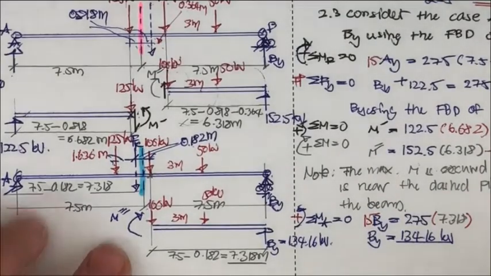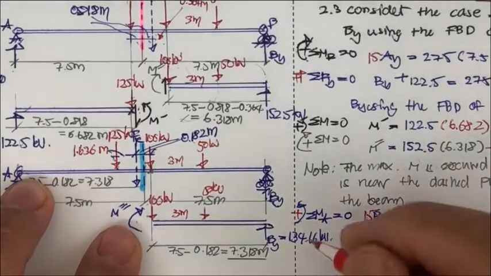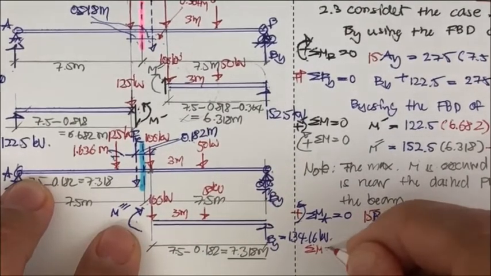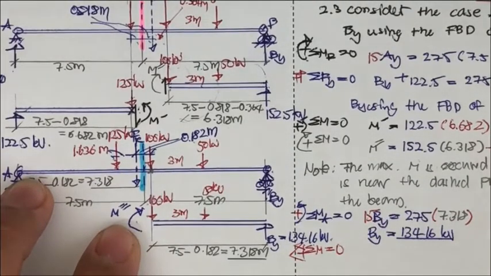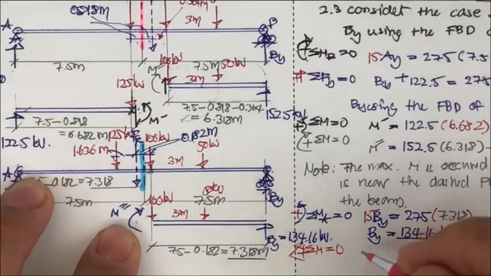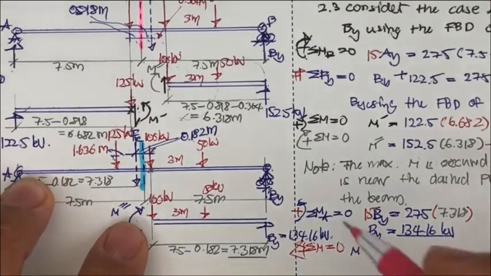Now we're going to find the moment here. Just the summation of moment equal to 0. This time is plus. Okay, we have M prime.